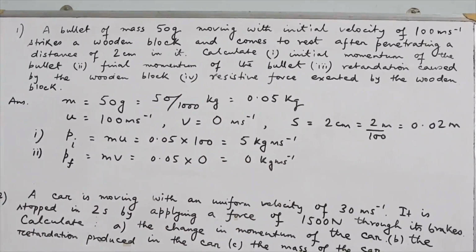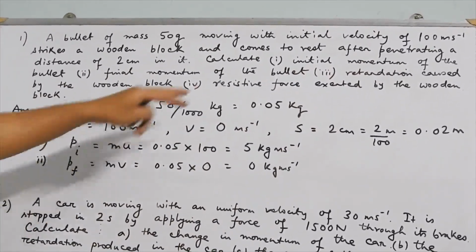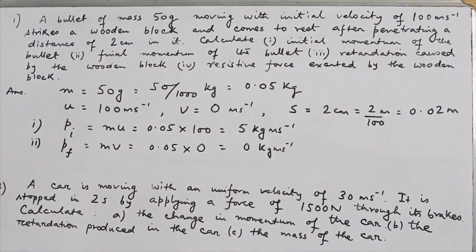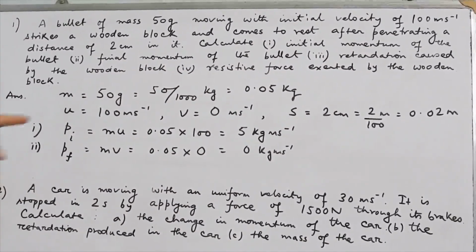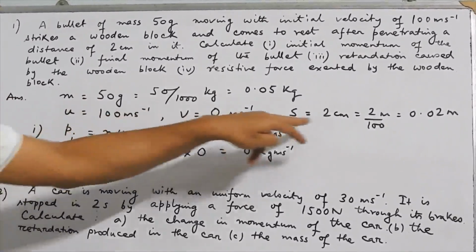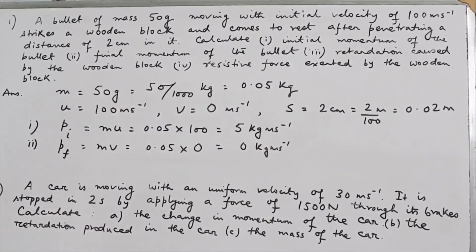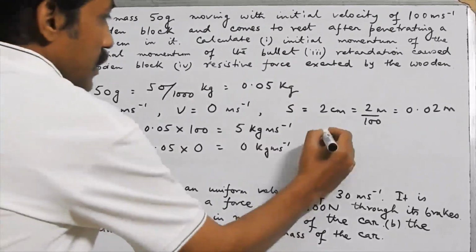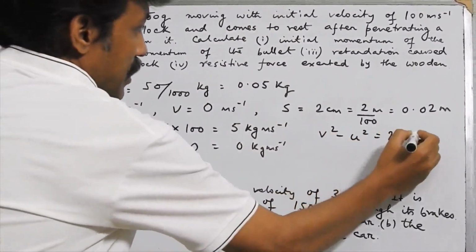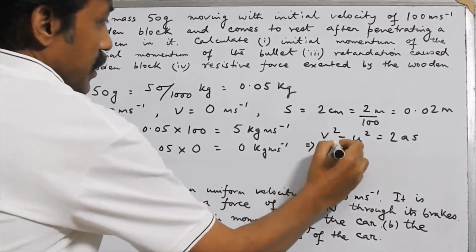Now we have to calculate the retardation produced by the wooden block, and then you have to calculate the resistive force exerted by the wooden block. Now in this problem you can see that initial velocity, final velocity and distance covered is given. So you can use the formula v square minus u square is 2as, and then you can find the retardation. Here v is 0, so that is 0 square.